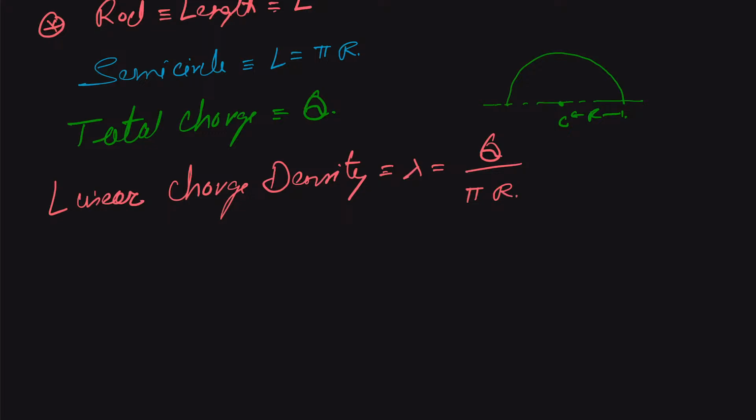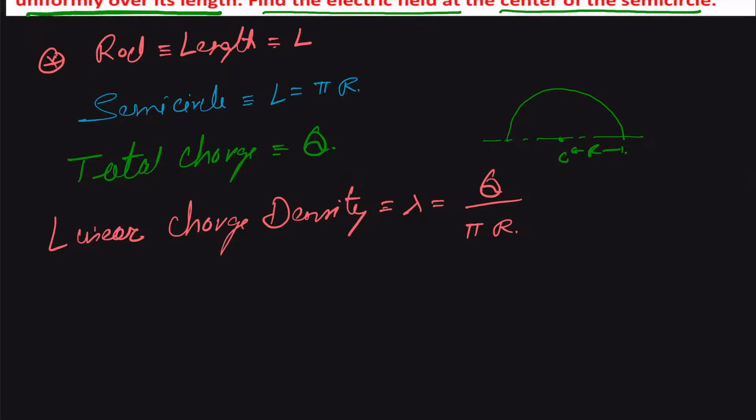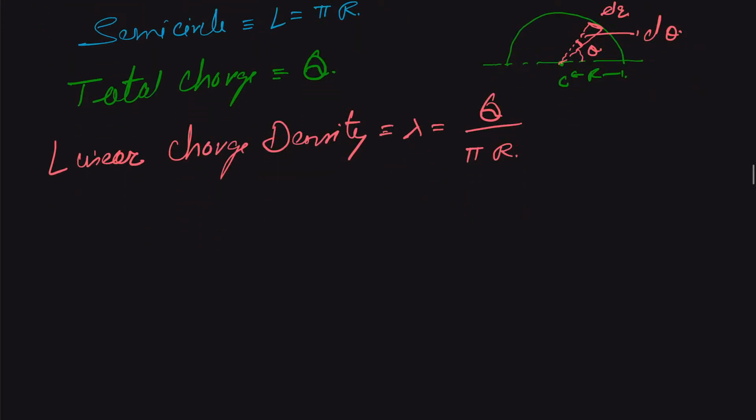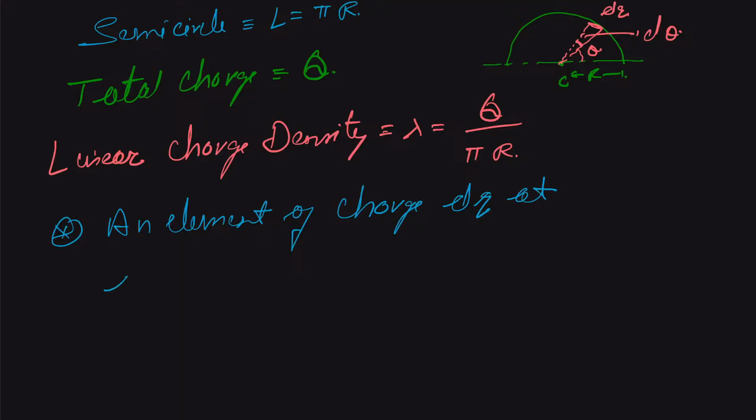In this case, let us assume that we consider a small element having a charge dq, with angle d theta, at an angle of theta. So we considered an element of charge dq at angle theta.